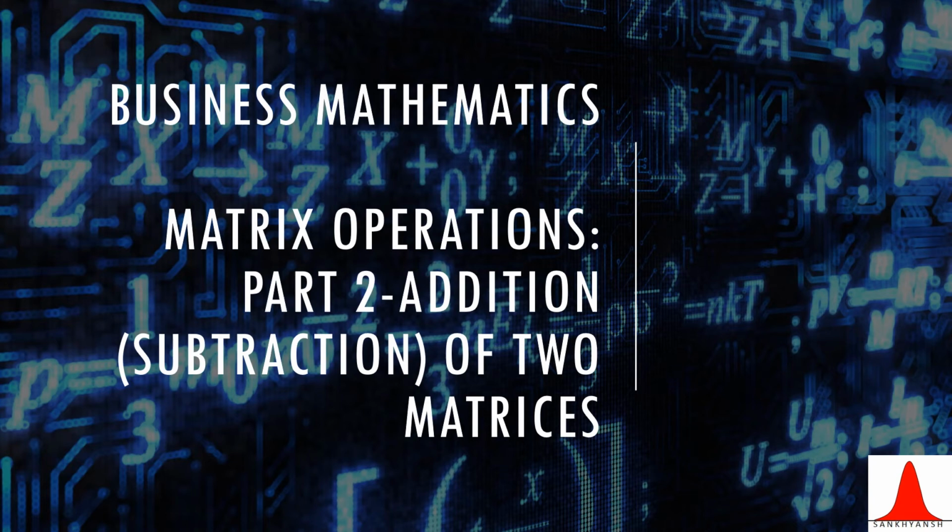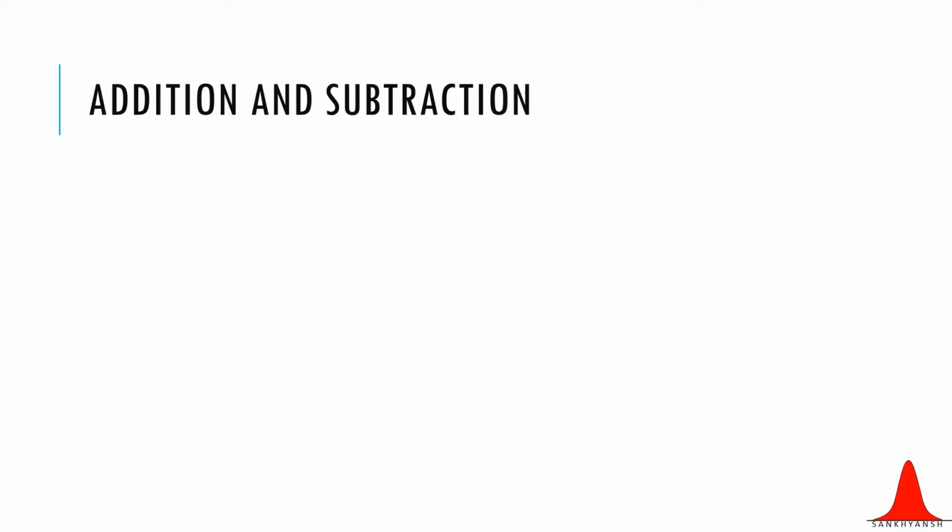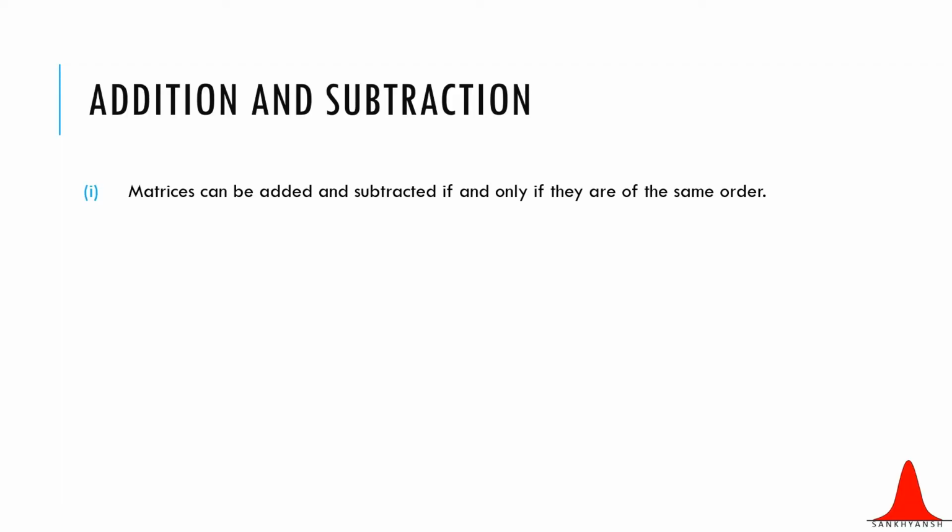Hello friends, this is part 2 in this series of videos on matrix operations, where we will see how we can add or subtract matrices. A matrix can be added and subtracted if and only if they are of the same order.